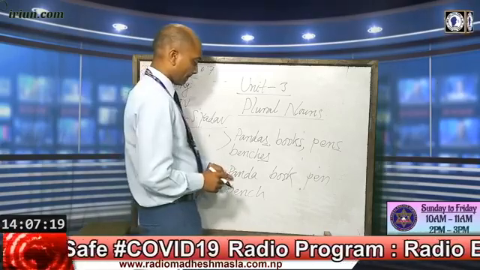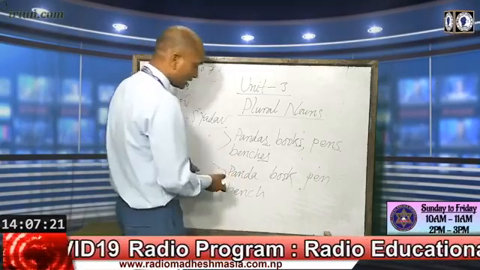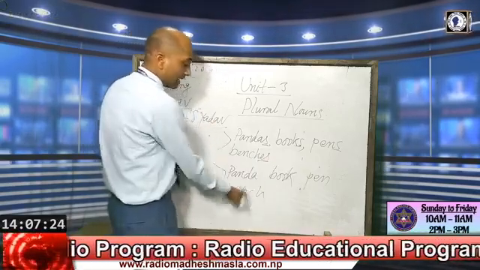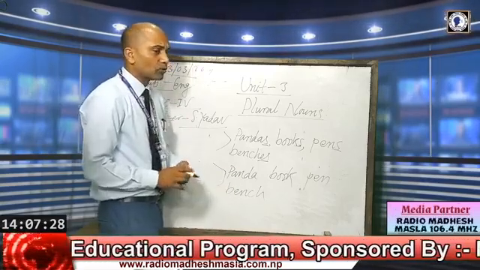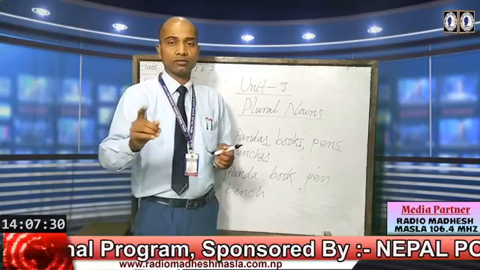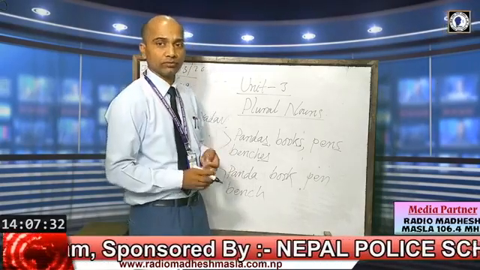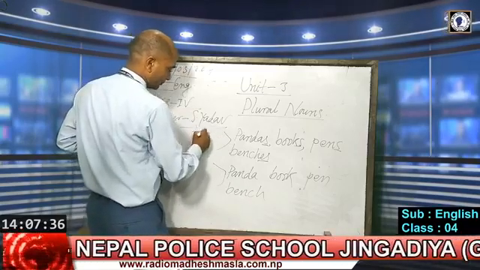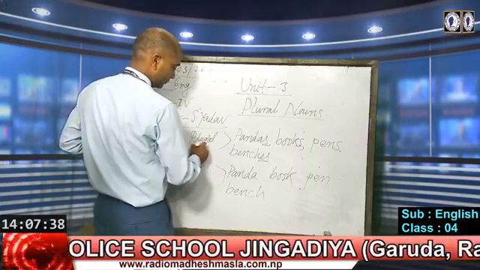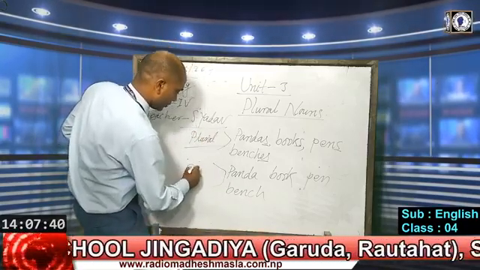And here below you can see panda, book, pen, bench. These are the nouns which refer to only one in number. So they are singular nouns. These are the singular nouns and these are the plural nouns.